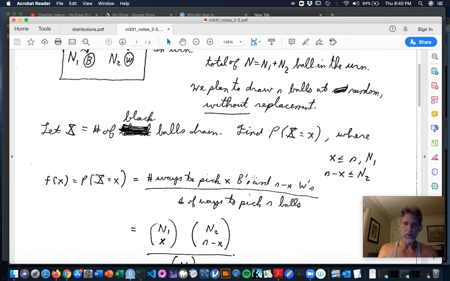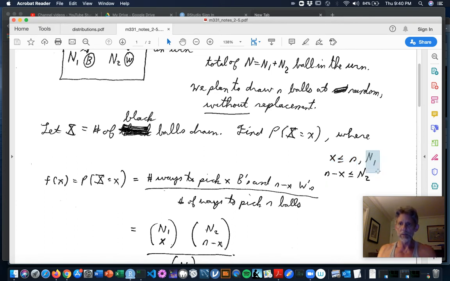So we'd like to do things like find the probability mass function, the probability capital X equals little x. So that'll be a non-zero probability if x satisfies certain conditions. Clearly x needs to be less than or equal to the number of balls that you draw. You can't get more black balls than how many balls you draw.